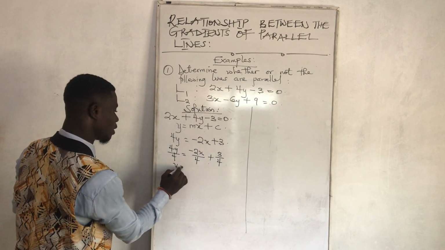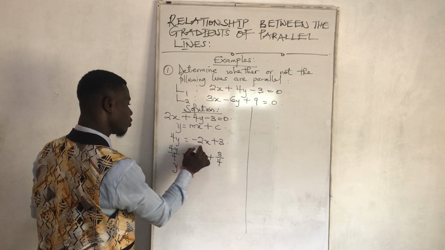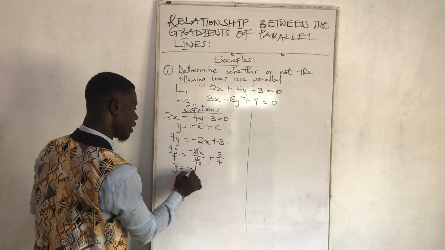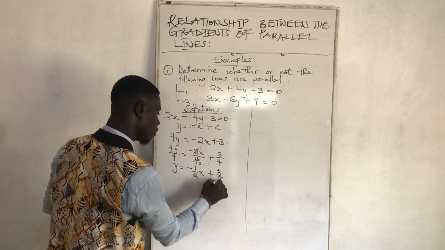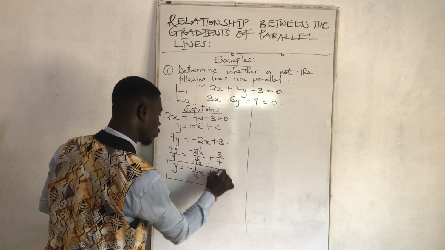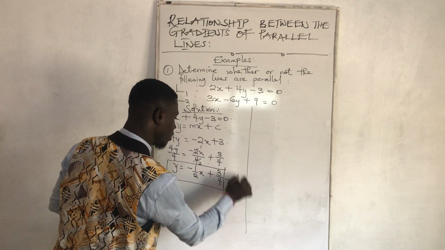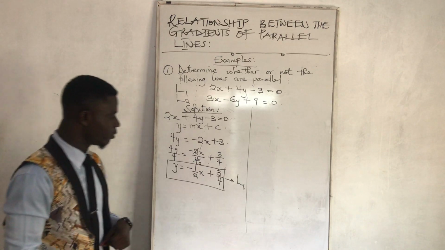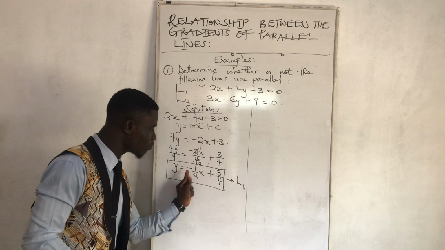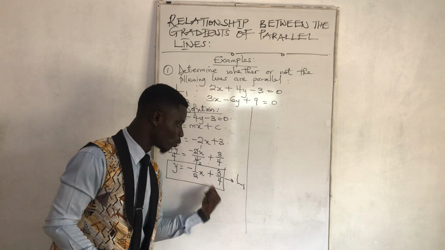So y equals minus 1 on 2 x, plus 3/4. So for line L1, in slope equation form, y equals minus half x plus 3/4.